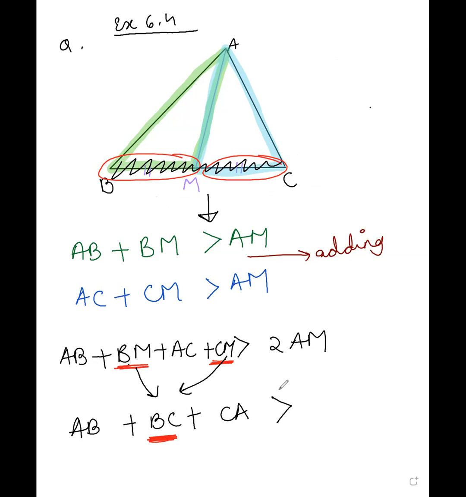So what's remaining on the right-hand side is 2AM. Now see, what is the question asking? Is AB plus BC plus CA greater than 2AM? What are we getting?